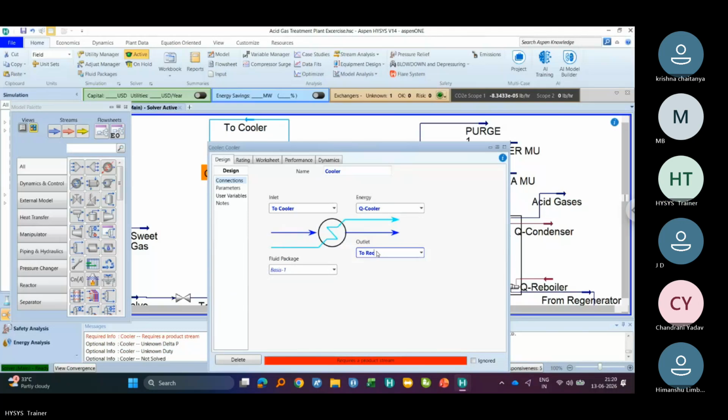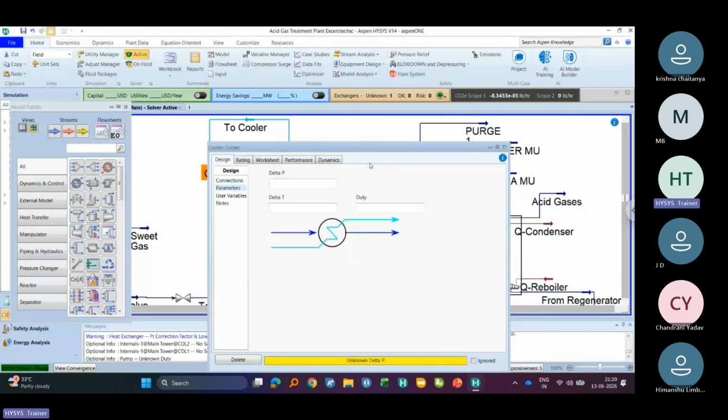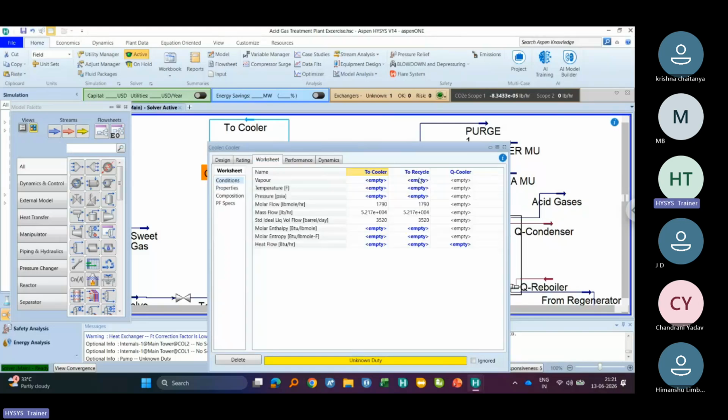So to recycle unknown delta P. For this cooler, the pressure drop is given as 0 psi. We will just enter that value and the outlet stream temperature and pressure values are given.